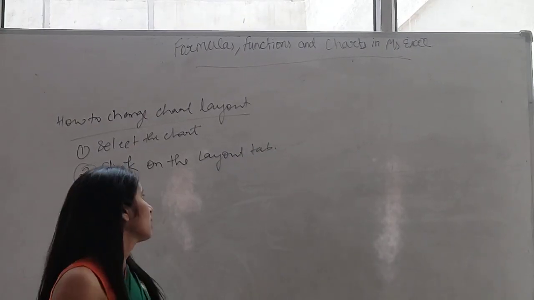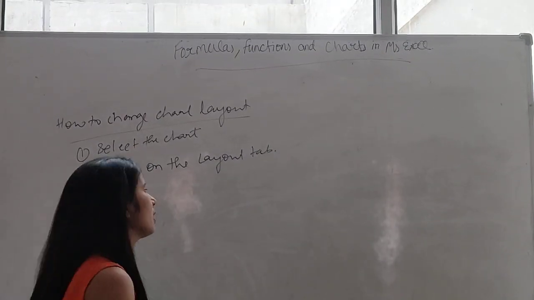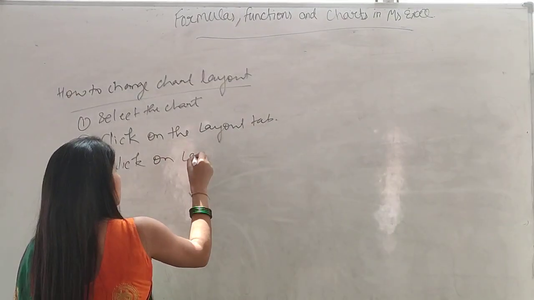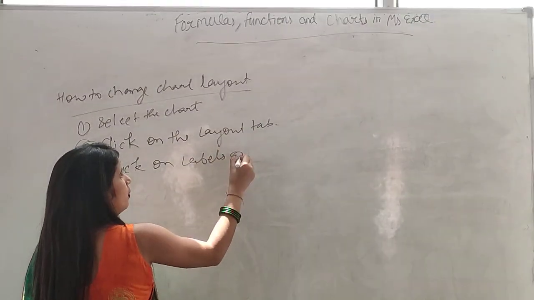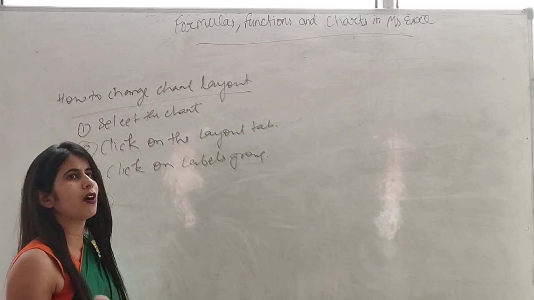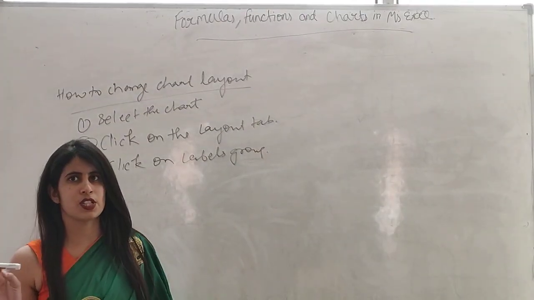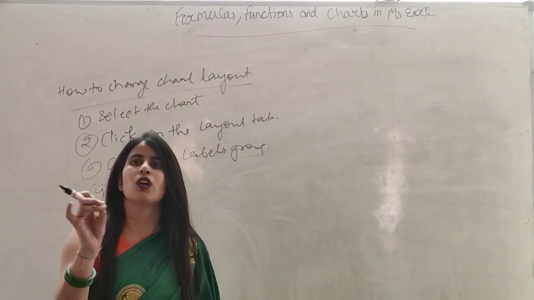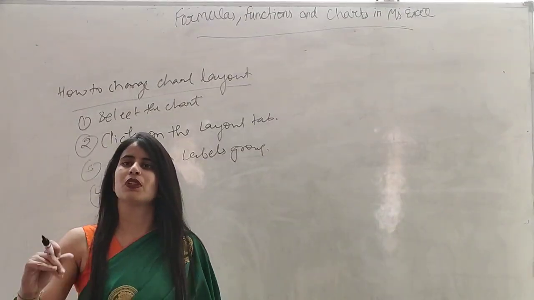So you have to click on the layout tab. After it, click on labels group. In labels group, you will find all the components of the chart. The components that you want to change, you will click on that component and you can do the changes.